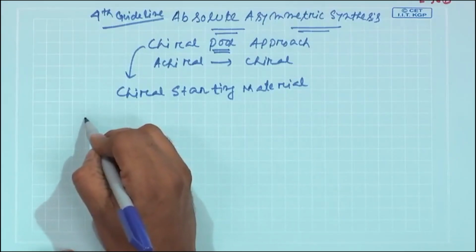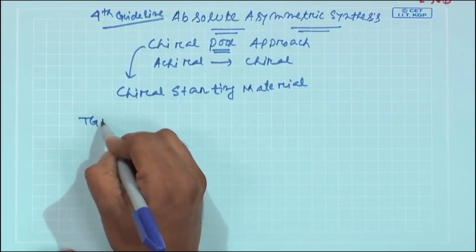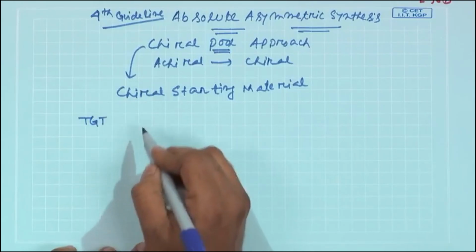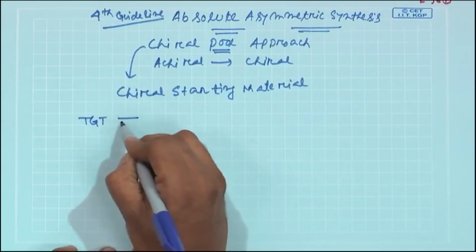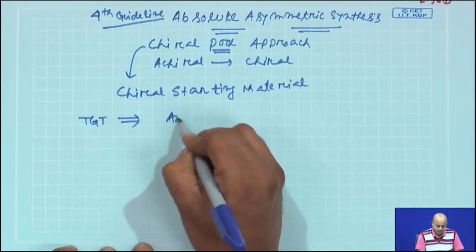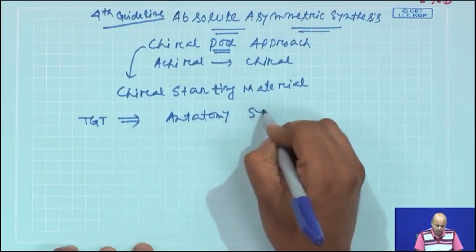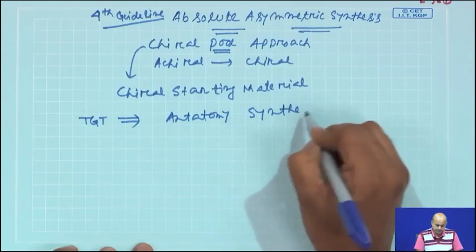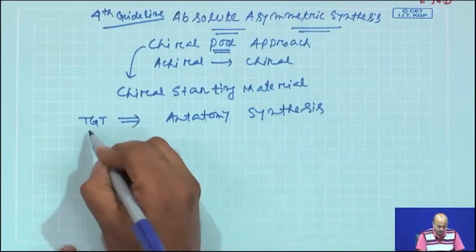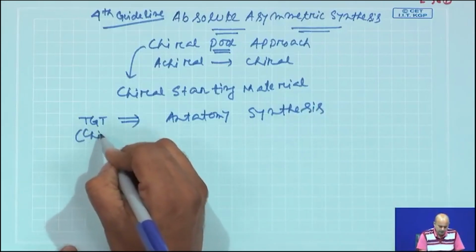So, if I try to analyze the target molecule, we will do an anatomy of the synthesis, meaning how to execute the entire synthesis. So, you have a target which is essentially a chiral molecule.